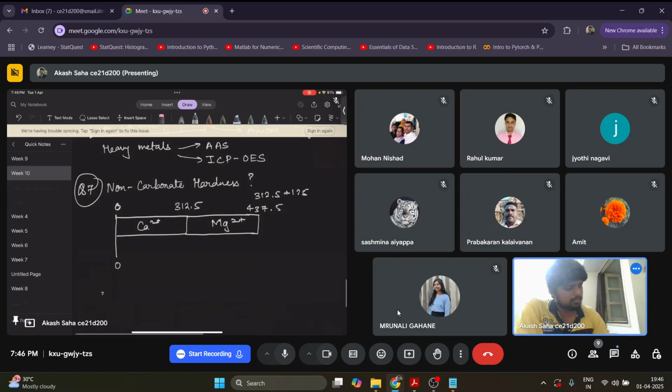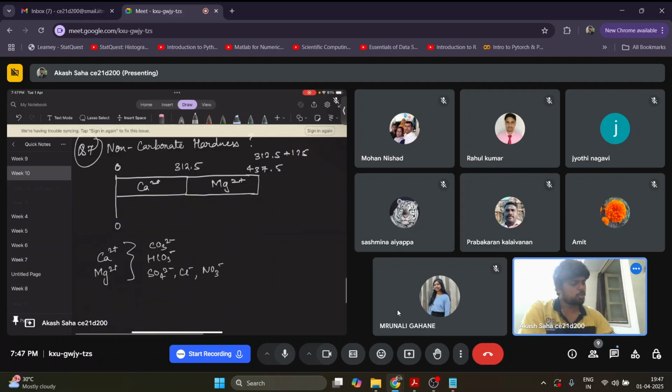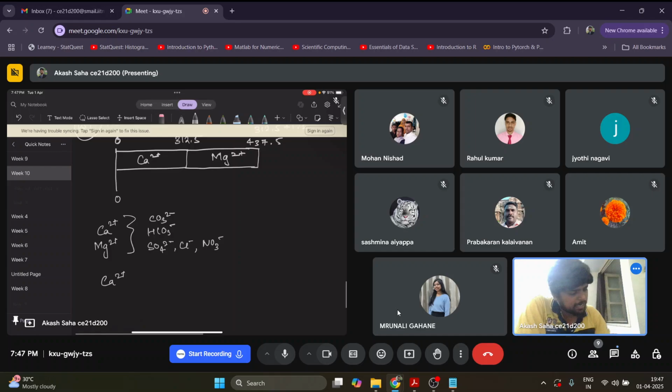Now this calcium 2 plus and magnesium 2 plus will combine with CO3 2 minus if it is present, or HCO3 minus, and then it can combine with sulfate, chloride, or nitrate. If my calcium and magnesium is combining with carbonate or bicarbonate, I will call it carbonate hardness or temporary hardness.